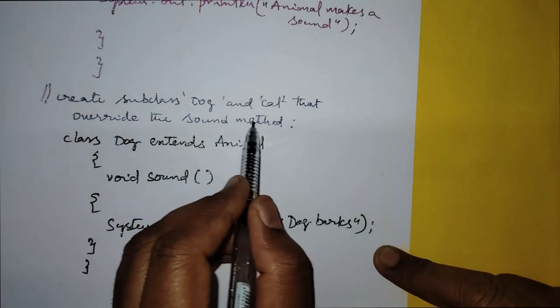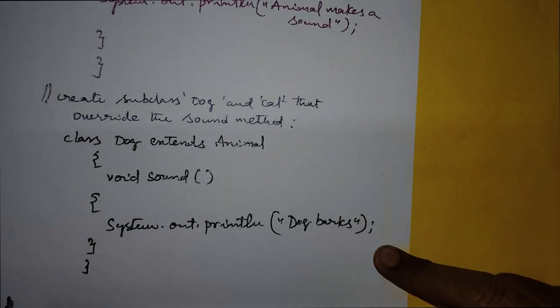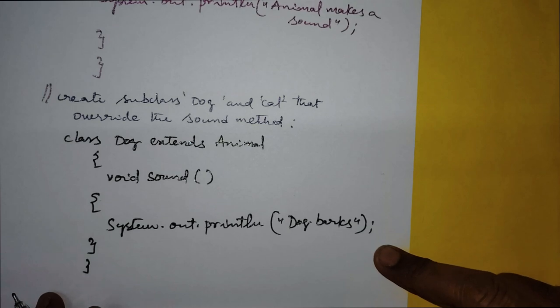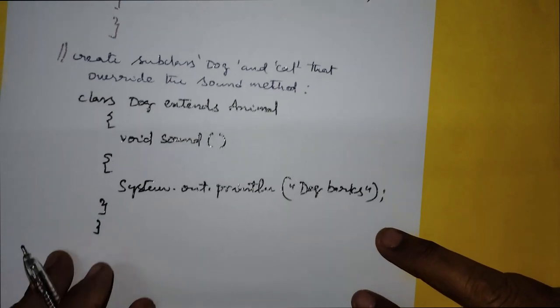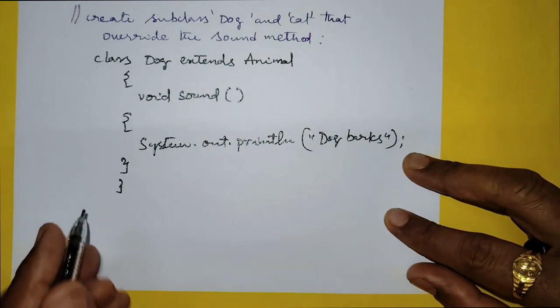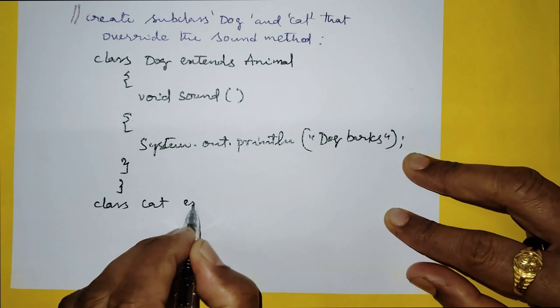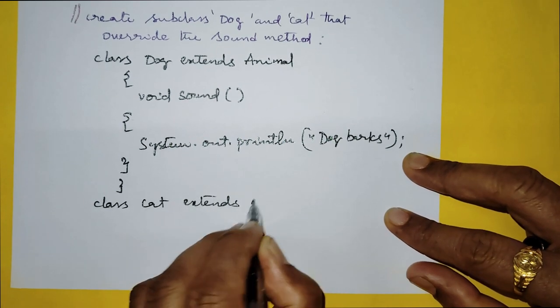The next one is there. What we are going to do here? Cat and Dog, no? Now one more you have to write the same thing. What is that? Class Cat extends Animal.